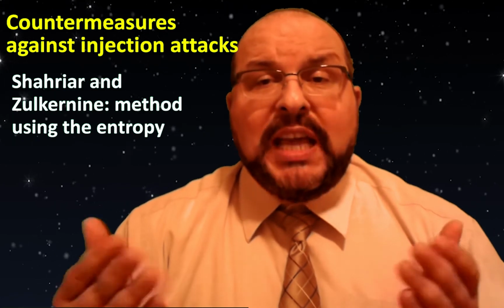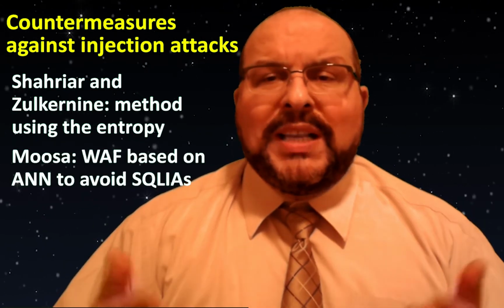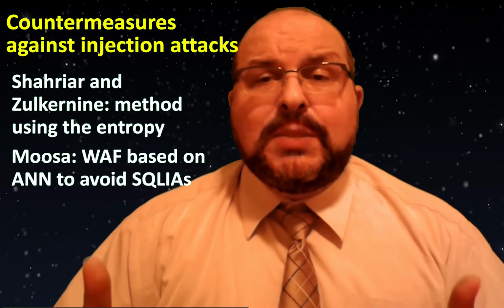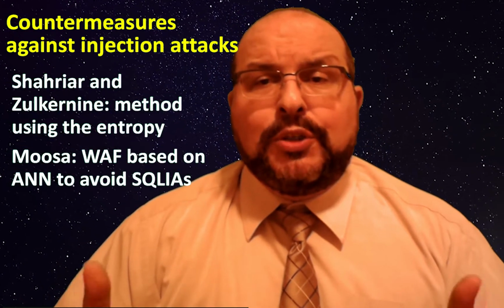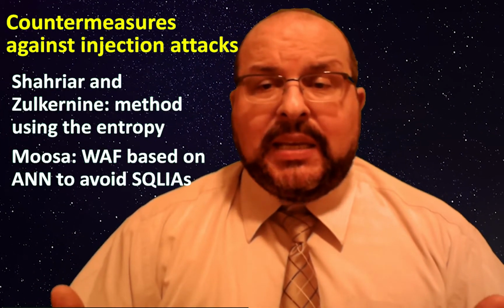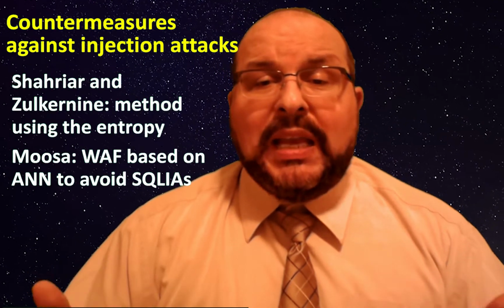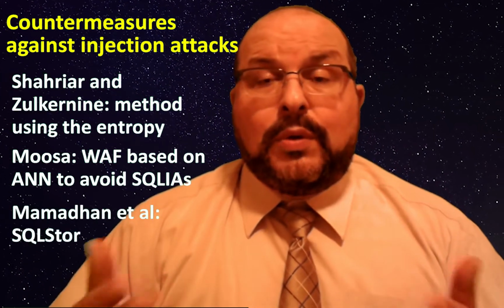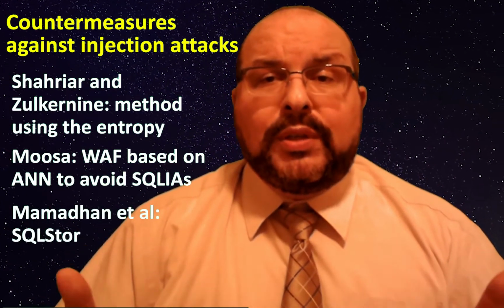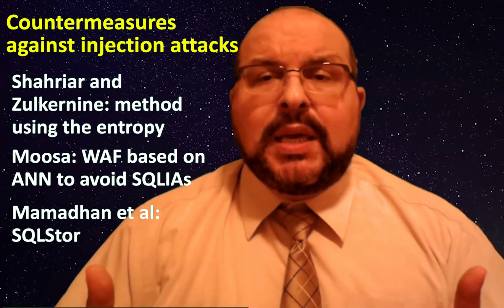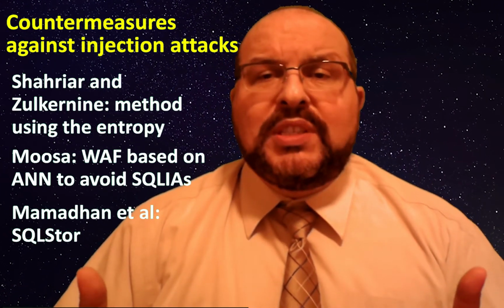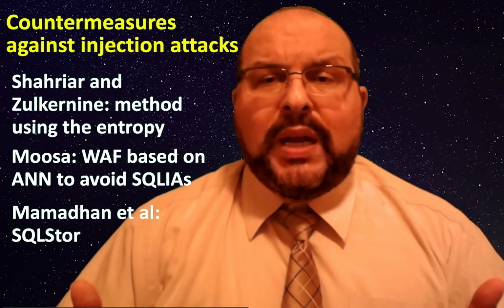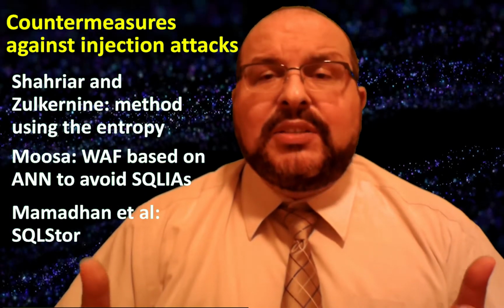in the measured entropy. Another work, OWASP proposed a WAF that is based on an artificial neural network, ANN, to avoid SQL injection attacks. Third work, Mamadan and co-authors proposed semantic comparison between two syntax trees of a query during training and runtime.